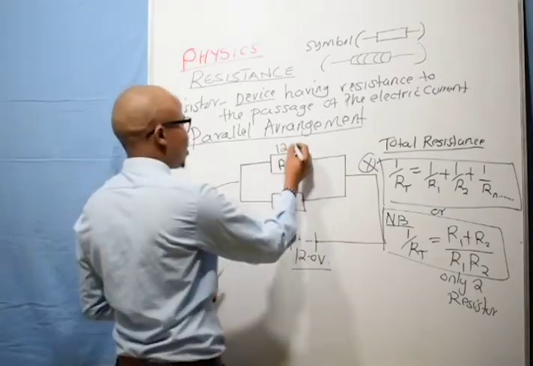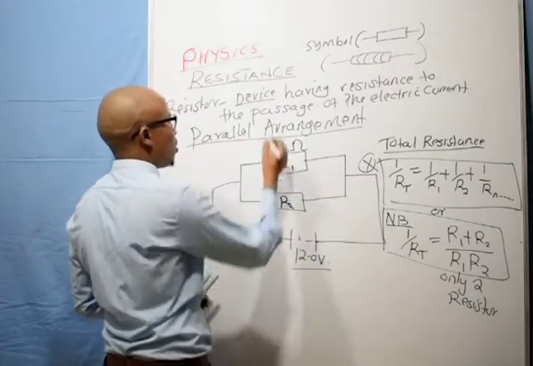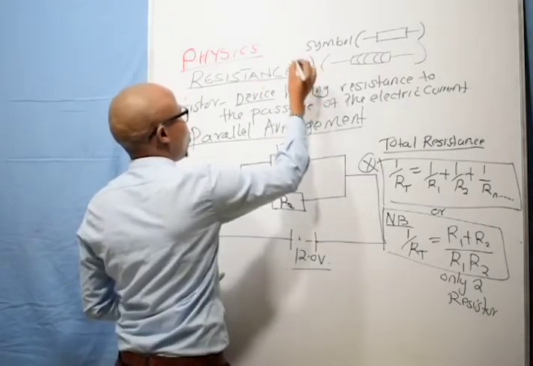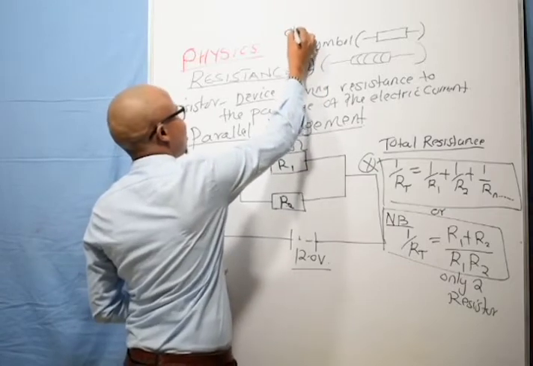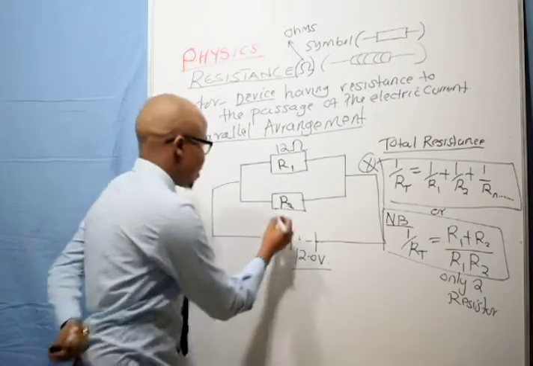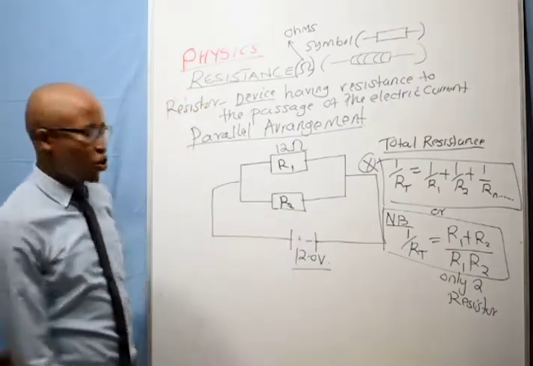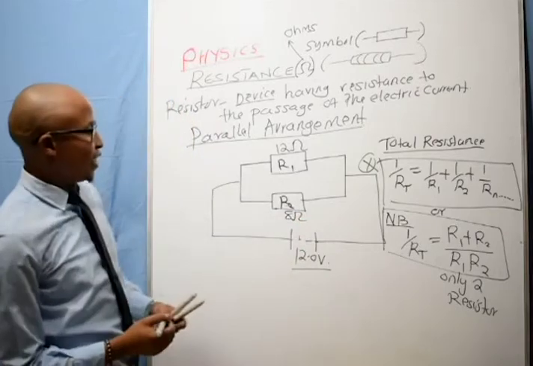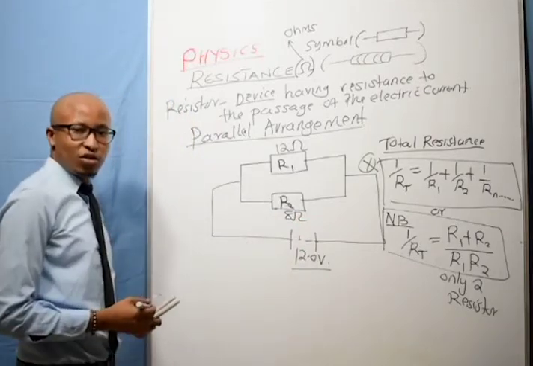The SI unit of resistance is ohms, written that way. And then the second resistance is equal to 8.